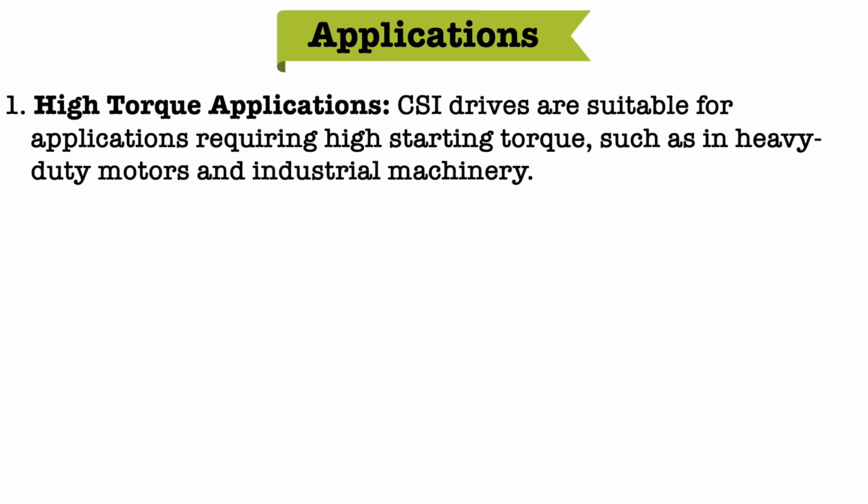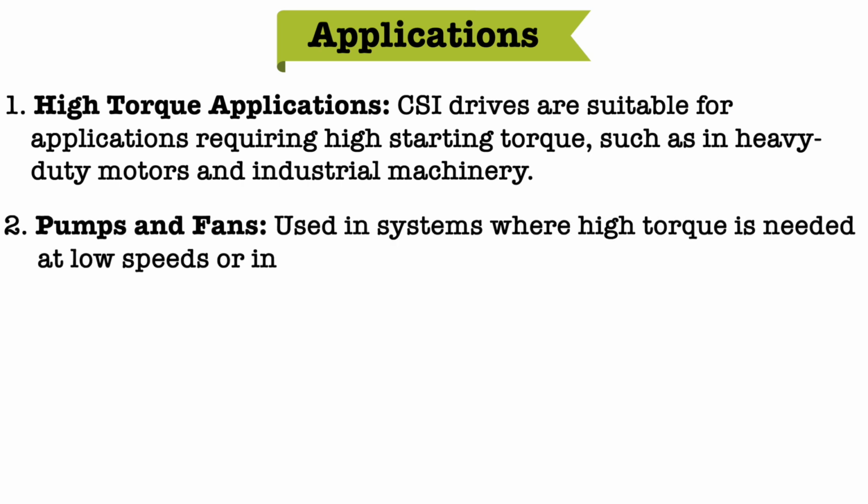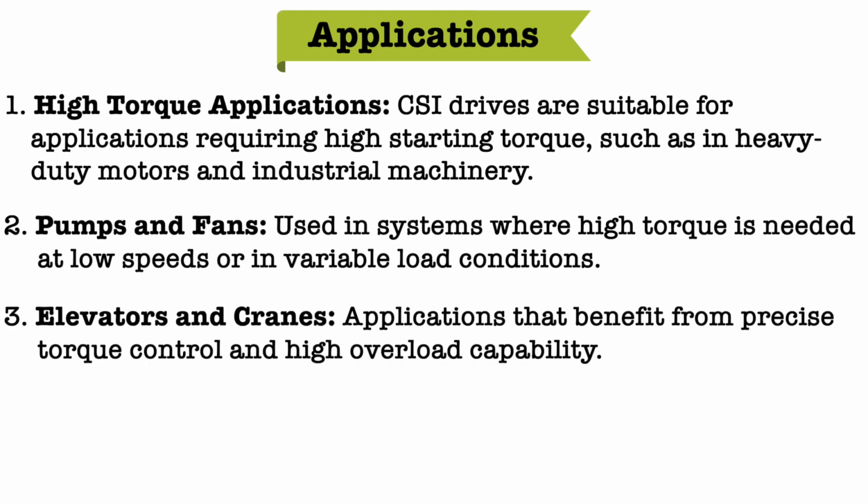As for applications of CSI, it is generally used in high torque applications such as heavy duty motors and industrial machinery where high starting torque is required. Another application is pumps and fans used in systems where high torque is needed at low speed or in variable load conditions. Other applications are elevators and cranes, which benefit from precise torque control and high overload capability.